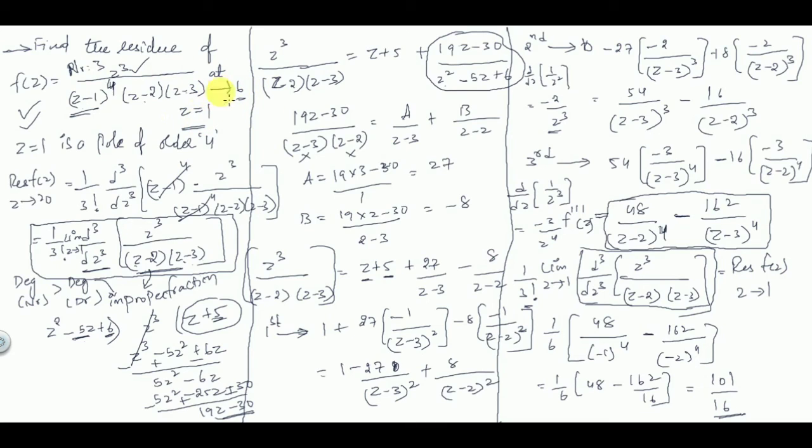Even though it is a proper fraction, when you solve for the residue, you get an improper fraction like this. Once you get an improper fraction, it is difficult to do the u by v rule. Instead you can learn the procedure like this.